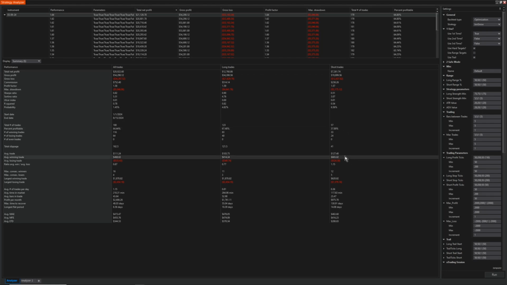I don't like my average winning trade, average losing trade on the short side. Oh, it must be because I have the trail. I was like, why is it so different? Okay, so the trail is helping here in this instance.